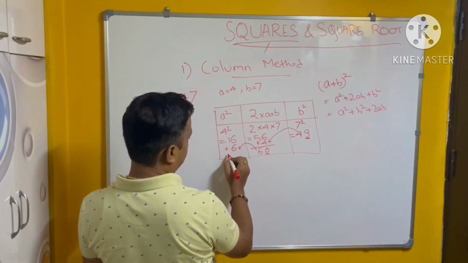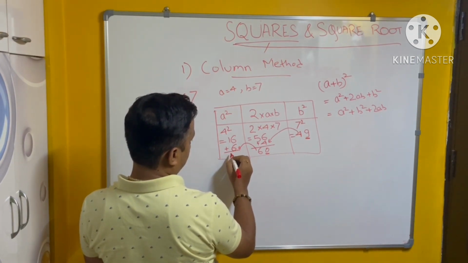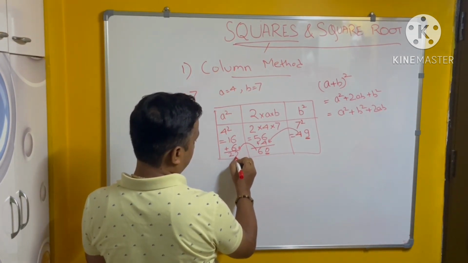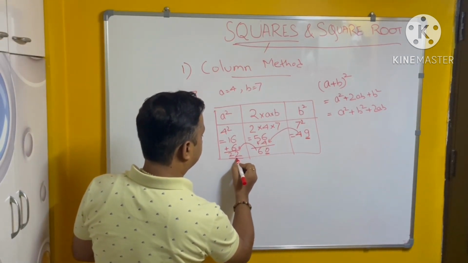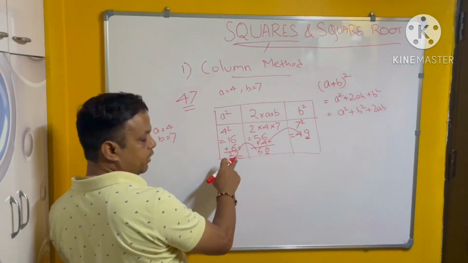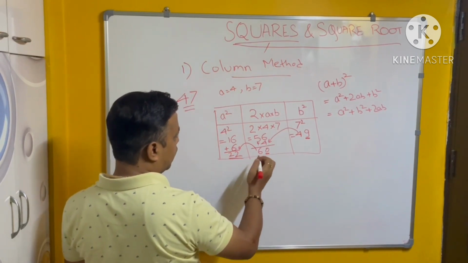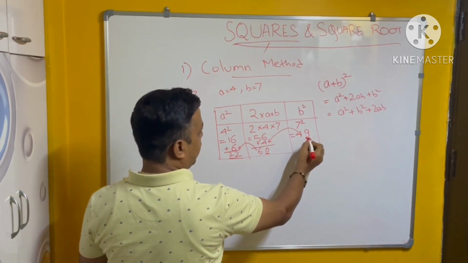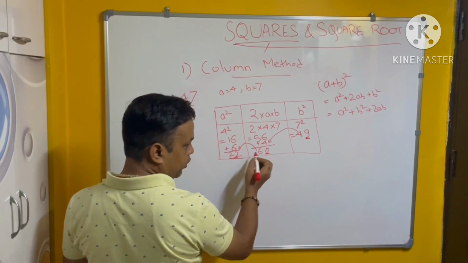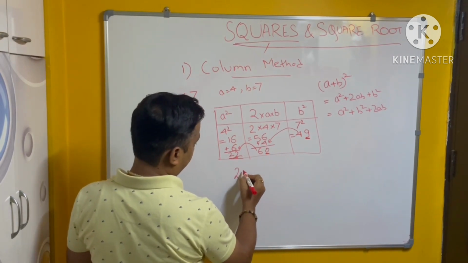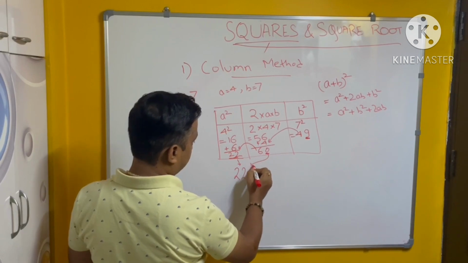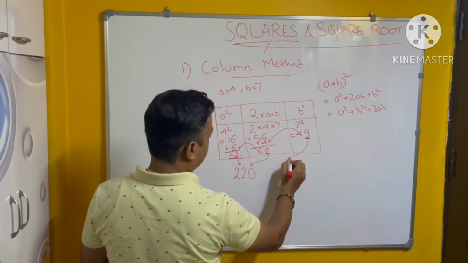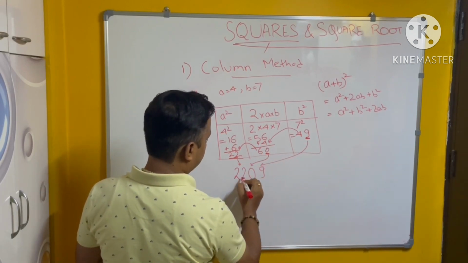So plus 6, and we underline this number because we are considering the whole number. Whatever we have underlined, we write in this way: 2 2, 0 and 9.